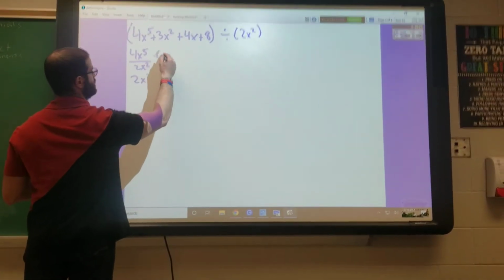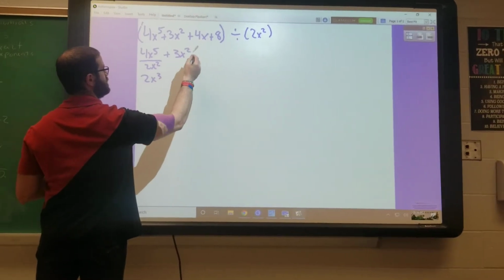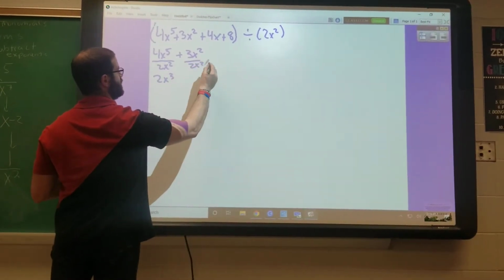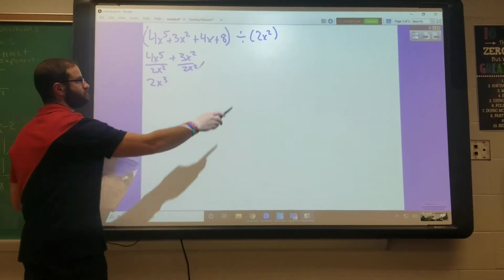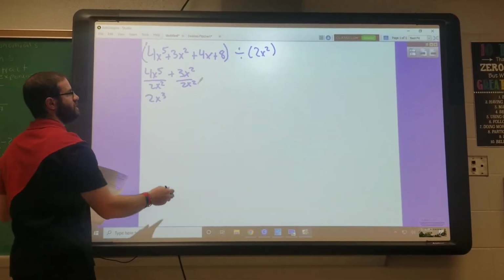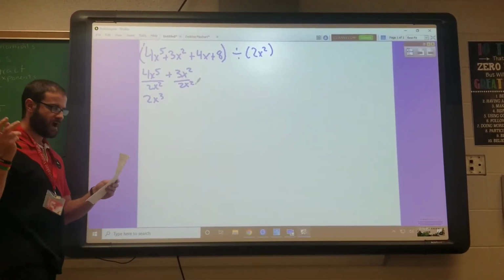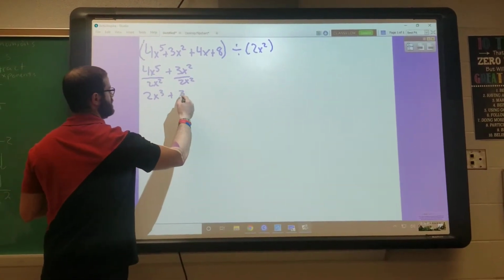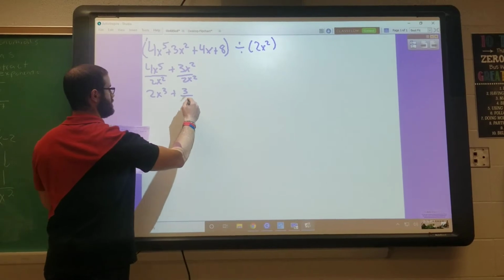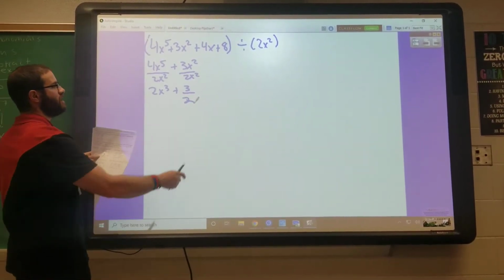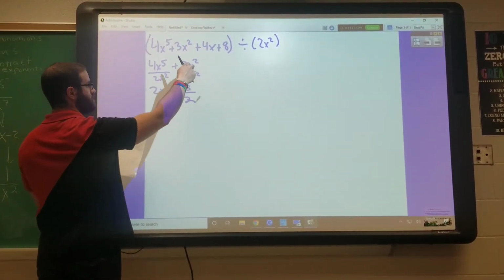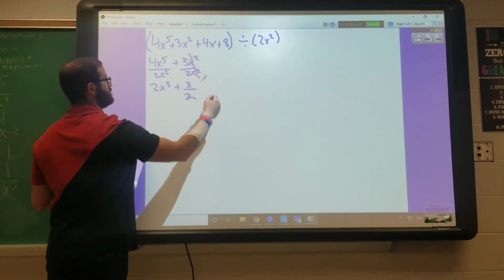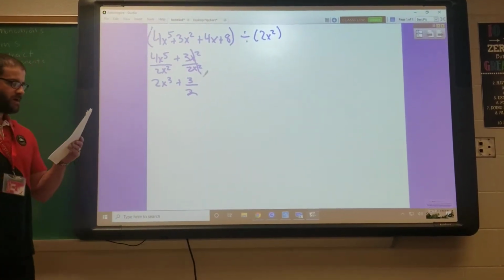Next term, so we got plus 3x squared. Again, dividing by 2x squared. So 3 over 2, we're going to keep that in fraction form. Okay, so plus 3 over 2, that's the fraction. X squared over x squared, that's going to cancel out. All right.